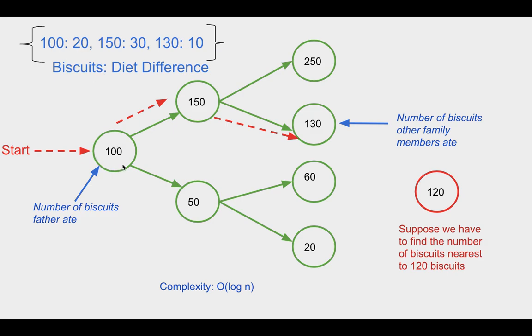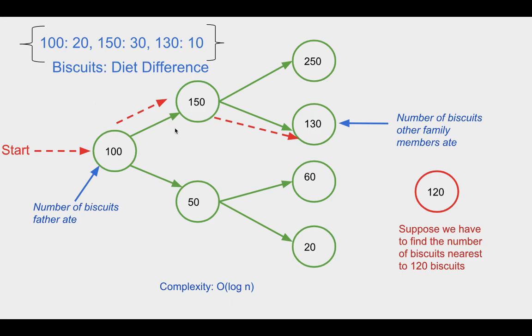That means this is the number of biscuits that the father ate, and this is the number of biscuits that another family member ate, and the difference between their biscuit diet is 20. So we can see the value for this key is 20.